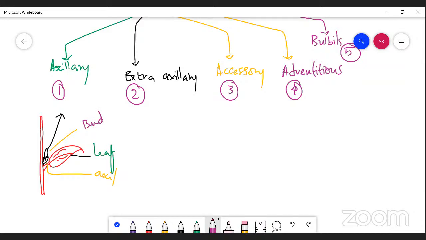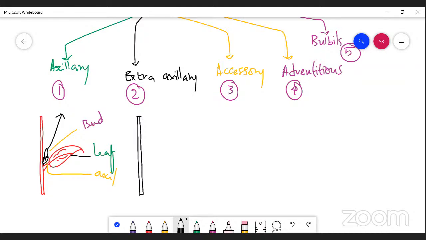extra axillary buds. Actually, extra axillary buds are nothing but, this is a stem. More than one bud is found in the axil part. That means many buds are arising from the leaf axil part. That is called extra axillary.